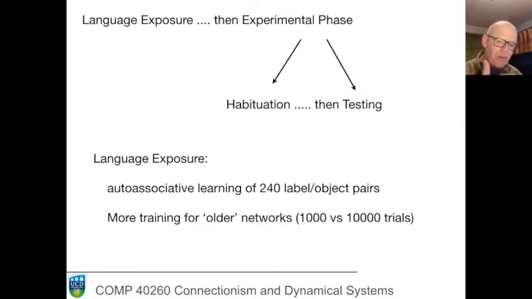Now, we said that we've got a network that has input patterns and output patterns. What are those patterns? Well, remember, in the infant laboratory, the child was presented with an image of an object and with a sound. Now, networks don't have images or sounds or anything like that. They just do sums.